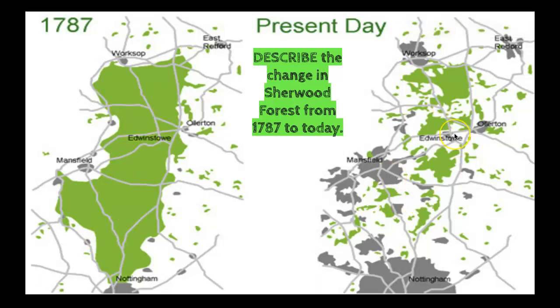Now, in the present day, and this is probably a little outdated as well from a couple years ago, look at how big of a change that forestry has changed. So just something interesting, and I want you to do a little bit of an explanation in your own words to describe that. You could use the cities that are highlighted on here and kind of compare where you see that change.